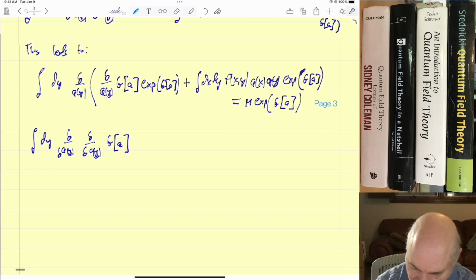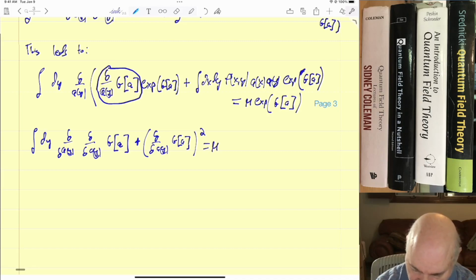But the exponential term is going to cancel in all the factors, so I'm leaving that out. And then I get another term, which is, I take the derivative of the exponential, I get that again. So I get (δg/δa(y)) squared. And this is equal to μ.